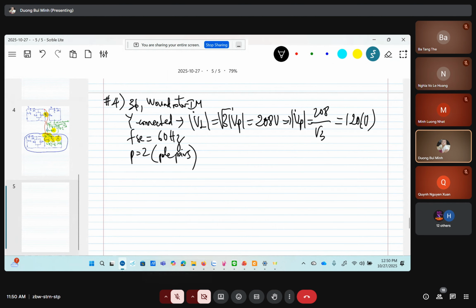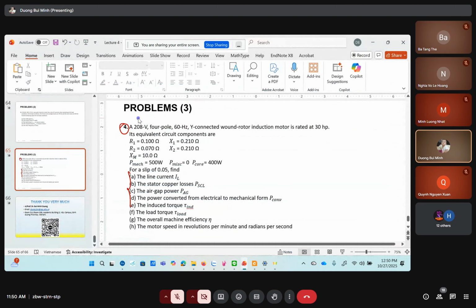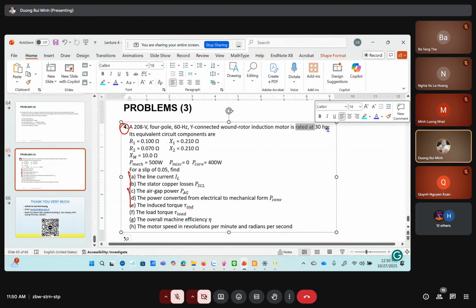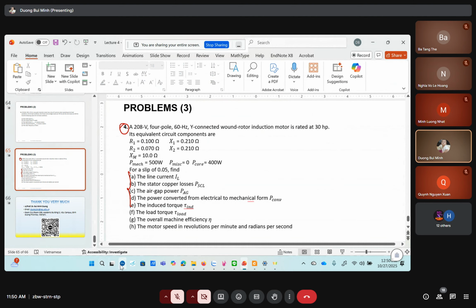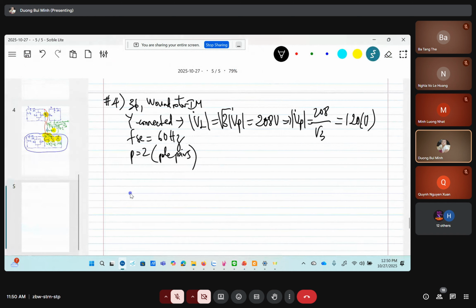The induction motor is rated at 30 HP. For the rated condition, P rated is the output power, always.